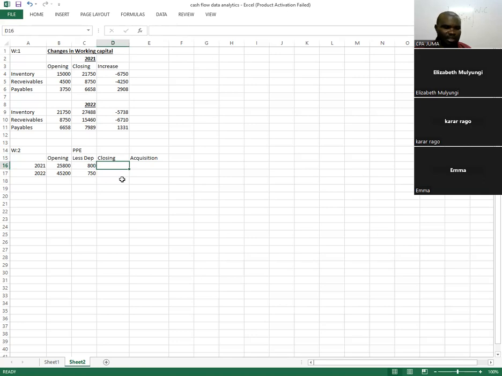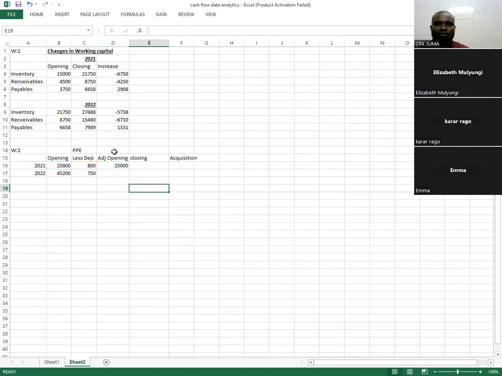Then bring the closing figures for PPE, 45,200. Before that, I need to bring it clear. You can call it adjusted opening, whichever name you want to call it. Then I bring here closing. Then it will still be acquisition. For our understanding, it will be very ideal. So now the adjusted is this minus this one here.